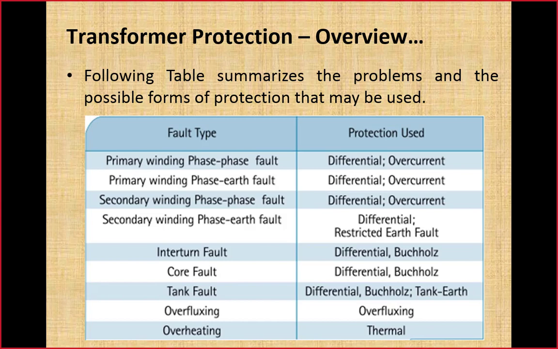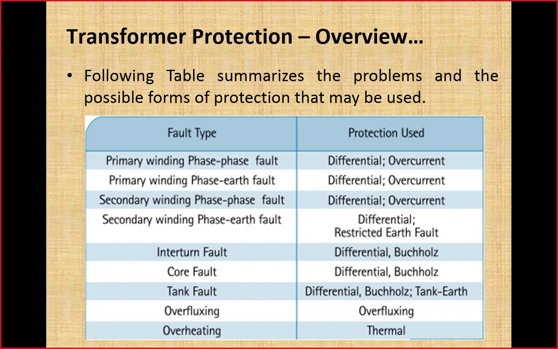Core faults will be detected with the help of differential relay and Buchholz relay. Tank faults are detected with the help of differential relay, Buchholz relay, and tank earth relay. Sometimes, whether the tank is properly connected to earth or not is also monitored with the help of the tank earth relay.